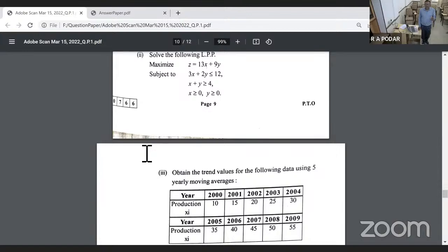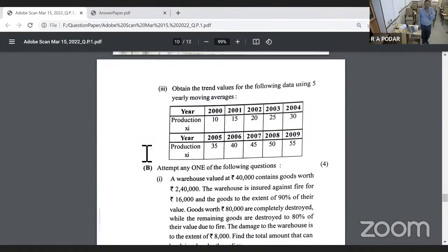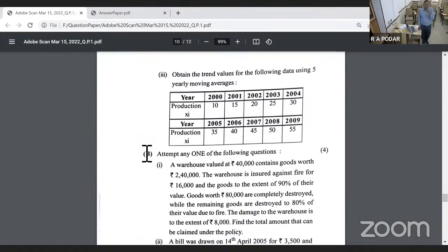The third question: obtain the trend values for the following data using 5 yearly moving averages. In this question, only the years are changed compared to our prelim exam. We started our years from 2001 to 2010, and the production was the same. Only the years were changed.